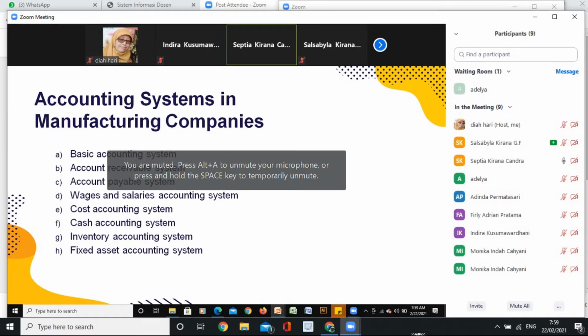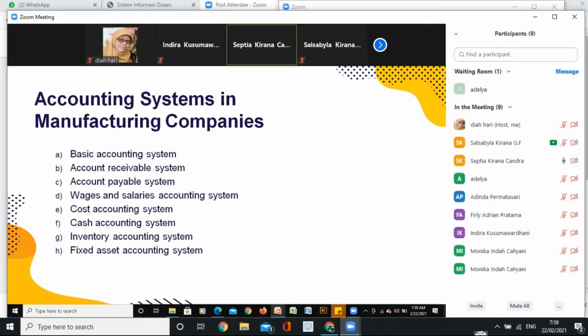Accounting system in manufacturing companies. The main activities of a manufacturing company consist of product design and development, processing of raw material into finished product, and selling finished product to buyers.